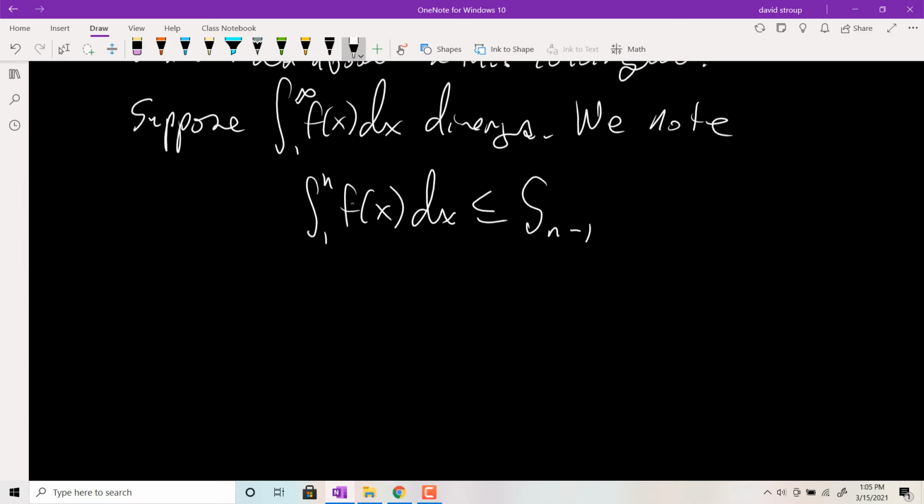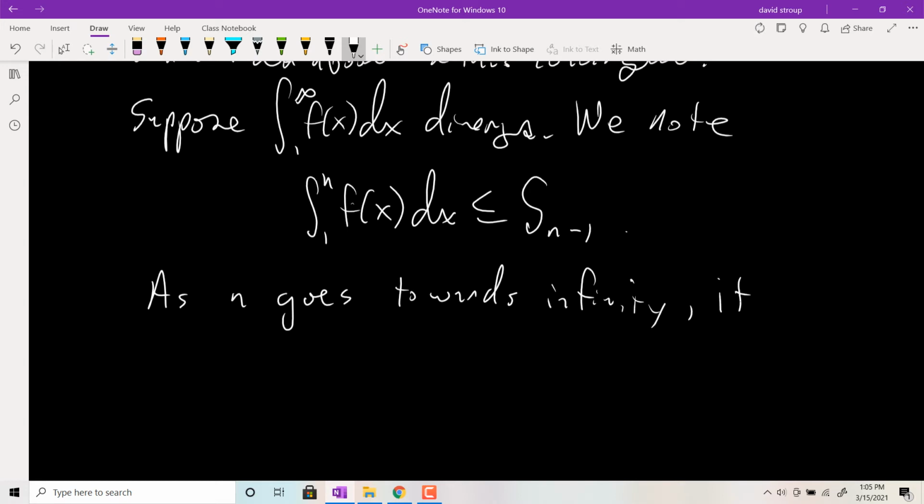So we note this inequality. As n goes to infinity, it forces the partial sum to also go to infinity.